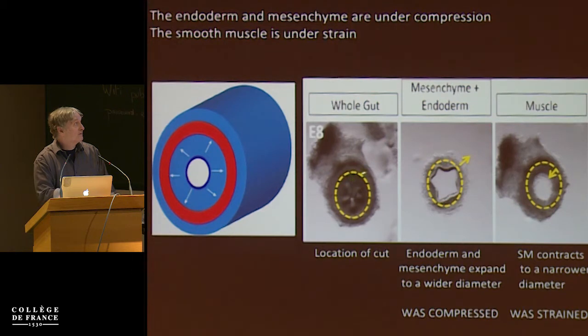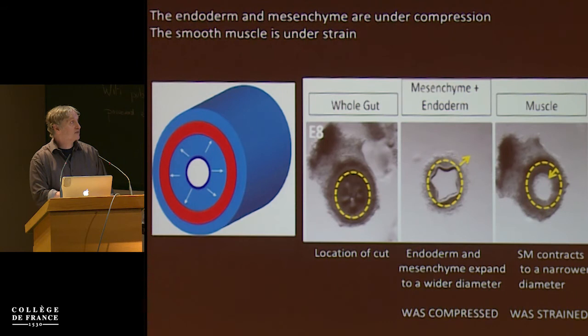And meanwhile, the muscle tissue, as soon as you remove this, expands inward, meaning that it was strained. And once you have the barrier removed, it collapses inward. And as I said, we think the reason this is occurring is because the growth of this tissue is greater than the growth of this tissue.